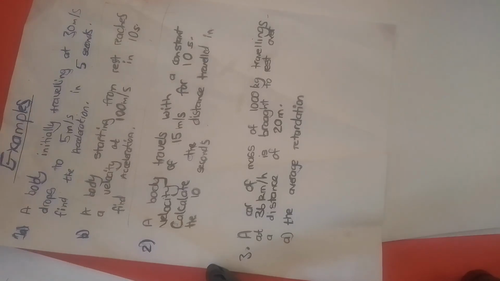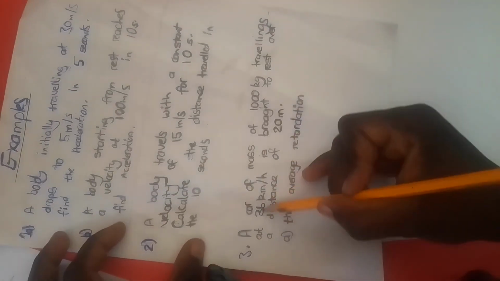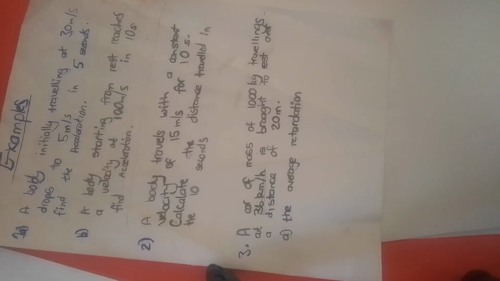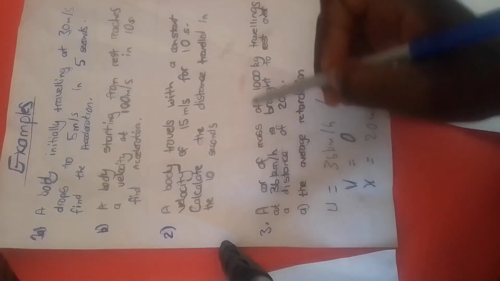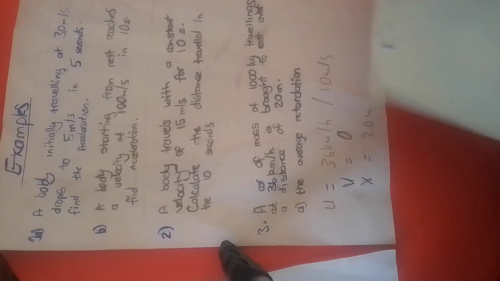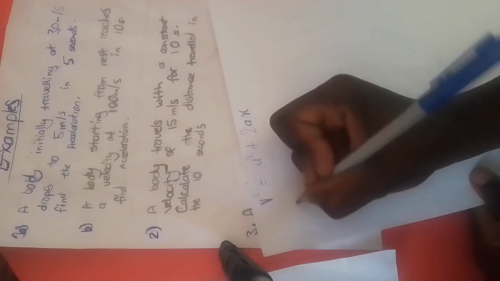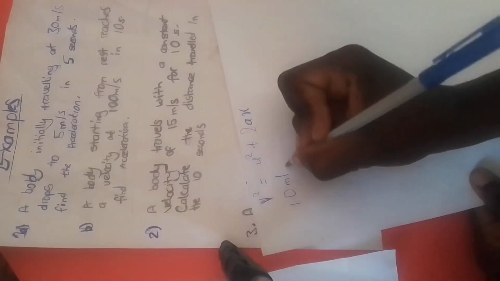I want you to take note here: this value is in kilometers per hour, right? So 36 kilometers per hour, if you convert it to meters per second, is going to be 10 meters per second.